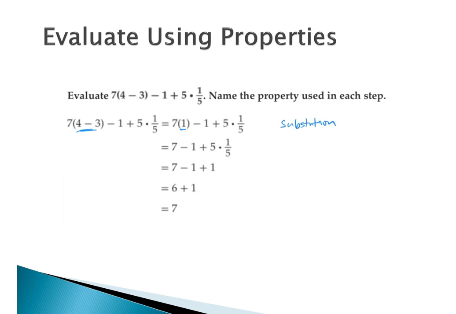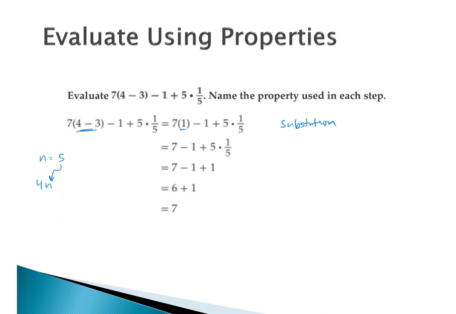I can hear you through the camera: Miss Stockton, we clearly subtracted. Yes, but no. Substitution is whenever you replace something with something else. So if n is equal to 5 and we have 4n, substitution would say we can replace the variable with the 5.